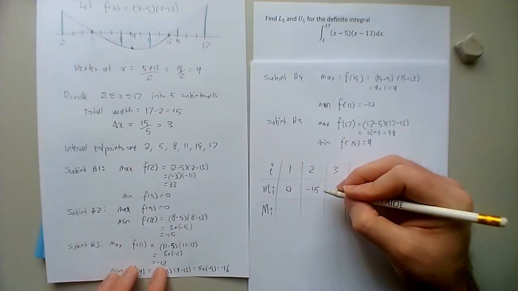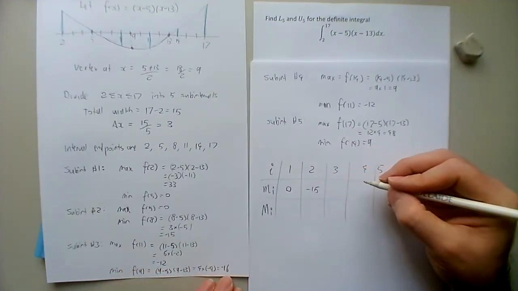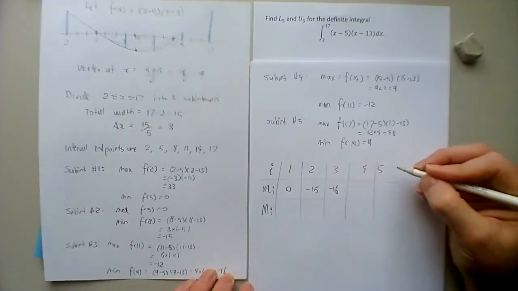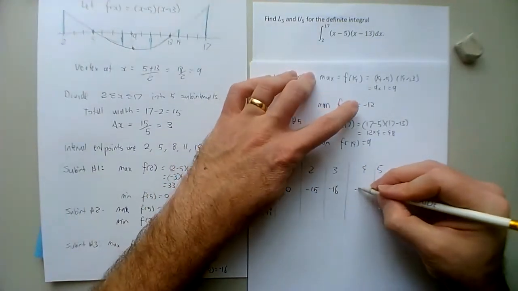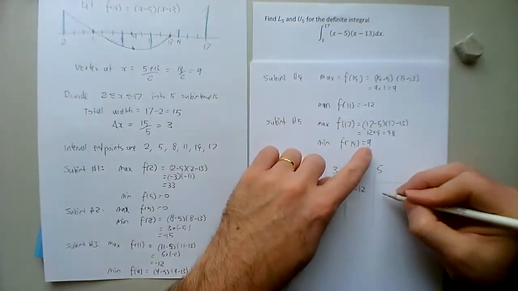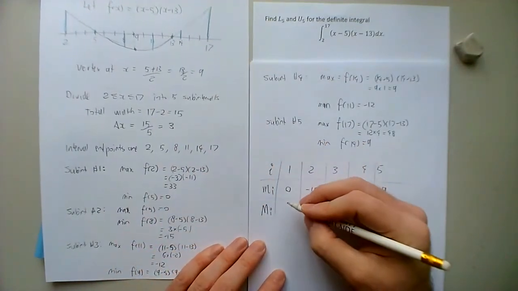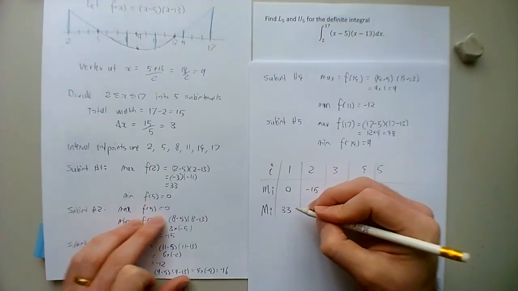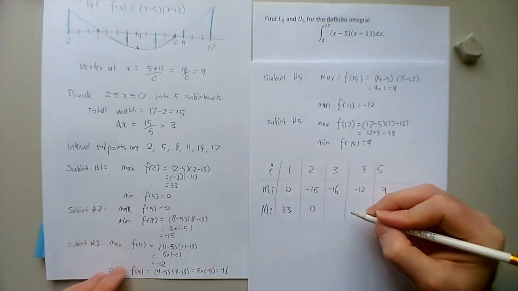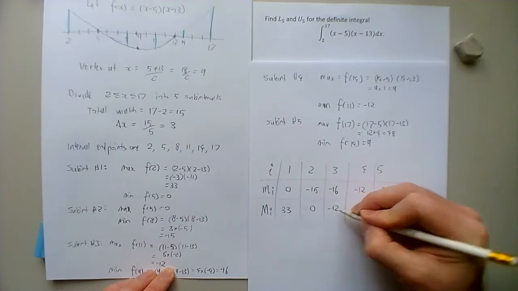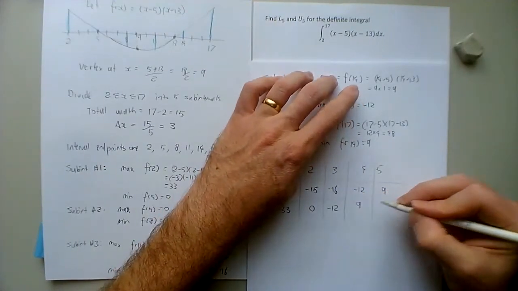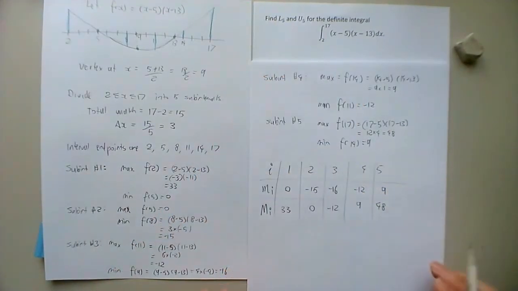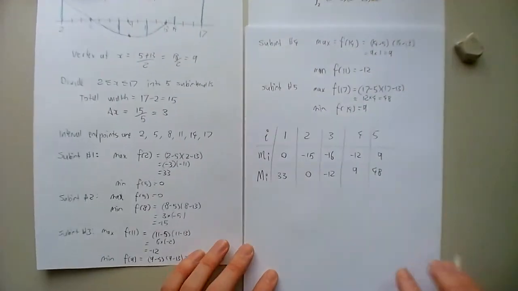Little m3 is -16. Little m4 is -12. And little m5 is 9. The maximums: 33, 0, -12, 9, and 48.